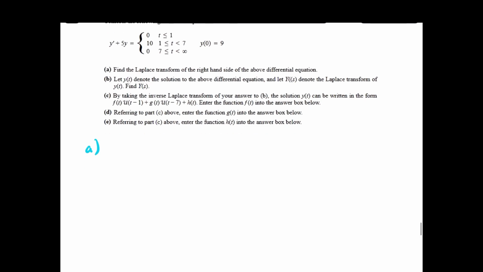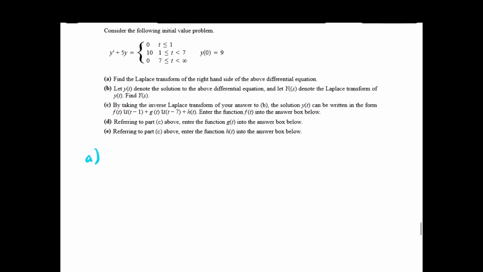So for the right-hand side, I want f of t equals 0 plus the second, so 10 minus 0 times u of t minus 1, and then plus 0 minus 10 times u of t minus 7.